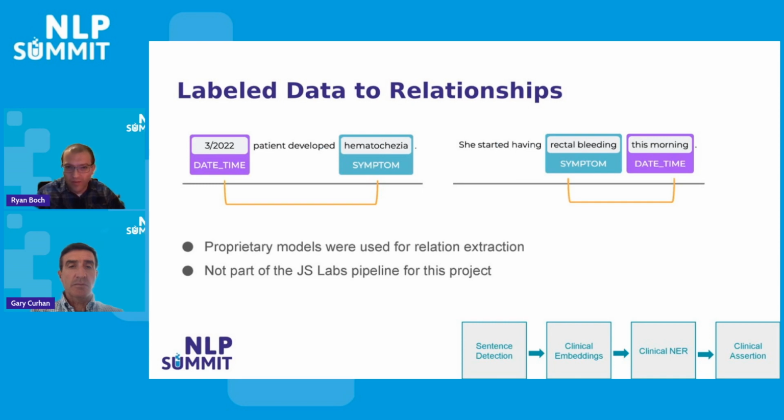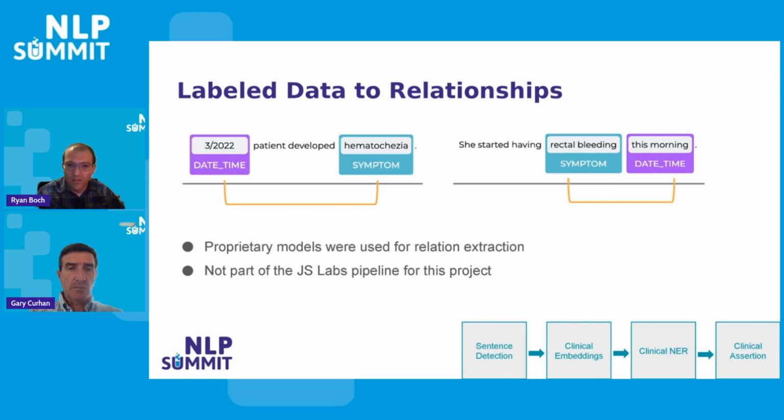And lastly, we want to go from labeled data to establishing relationships between the symptoms and the dates. You can see here we need both the hard-coded dates, like you see in the first example. We also need the relative dates, like in the second example, and we need to establish a relationship between them. We're not going to go into detail here.